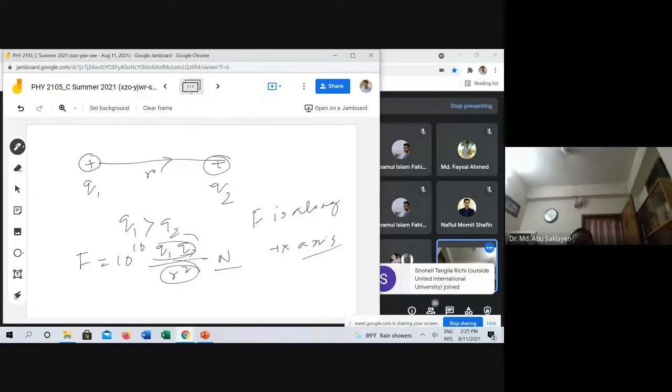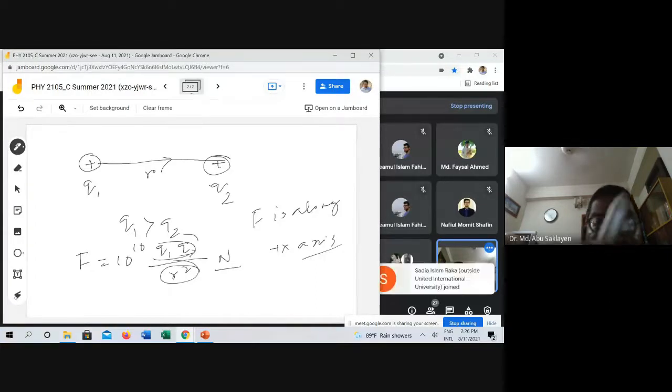So you do two steps: you find the force magnitude and direction. At first you will calculate the force, or forces if there is more than one charge, more than two charges. Then you have to find the forces independently and sum them.